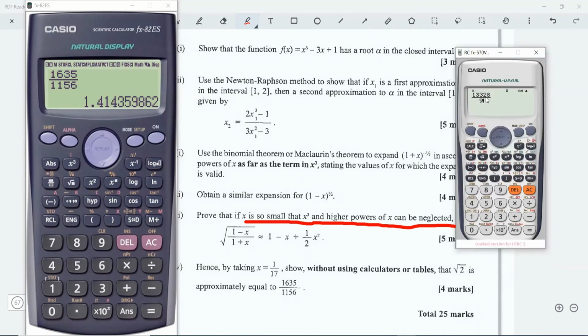What's going on? Did the calculator freeze? It's not giving me either. It's pretty much saying it can't be simplified then.